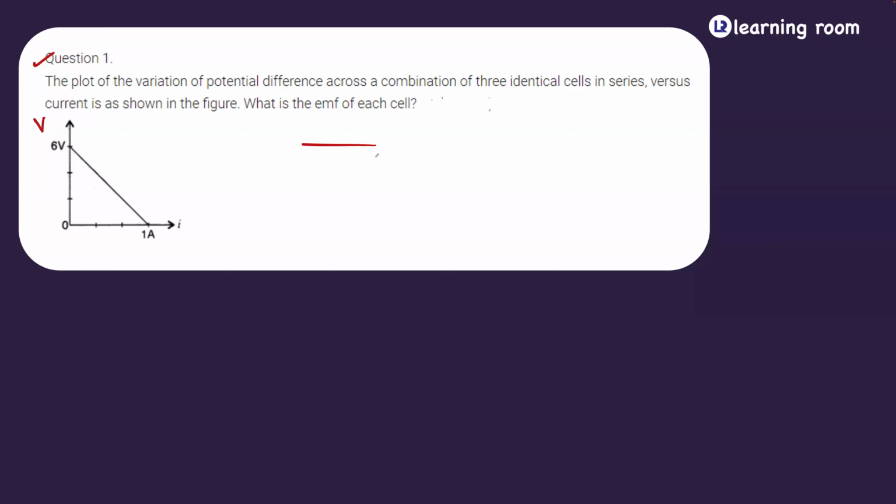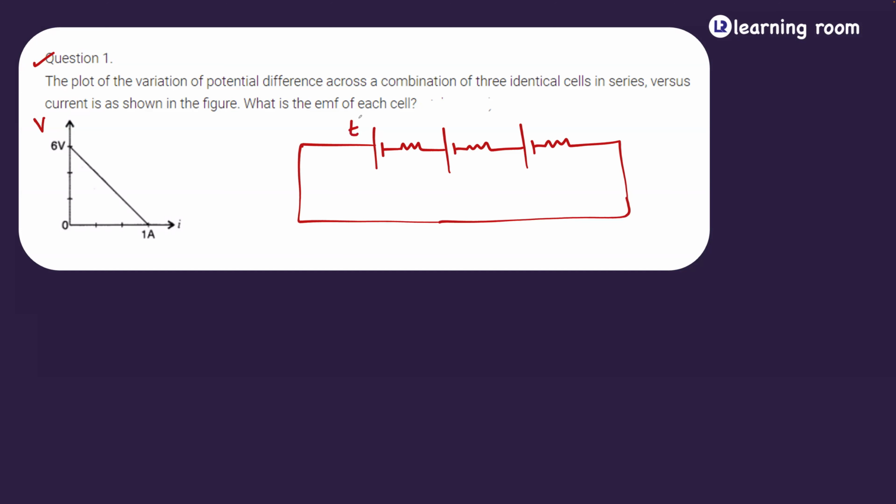So what will you do here? So EMF here is E, E, and E. This is R, R, and R. Two is correct.